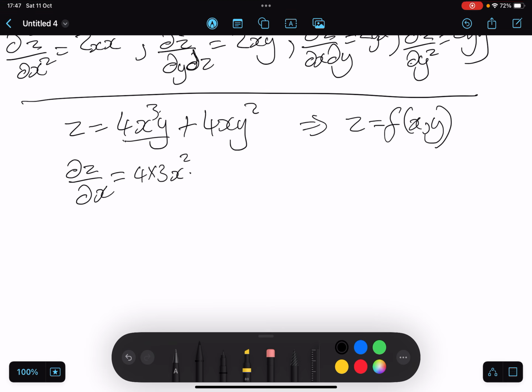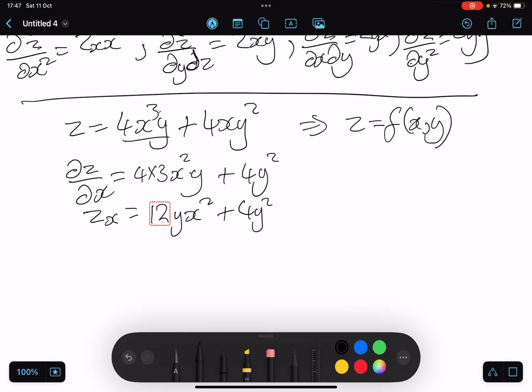Times, 4y is a constant, so this is just y. Plus, differentiating the second term with respect to x gives 4y squared. So this is going to be 12yx squared plus 4y squared. We differentiated this with respect to x, so this is what you get. And we know that this is also zx, right?